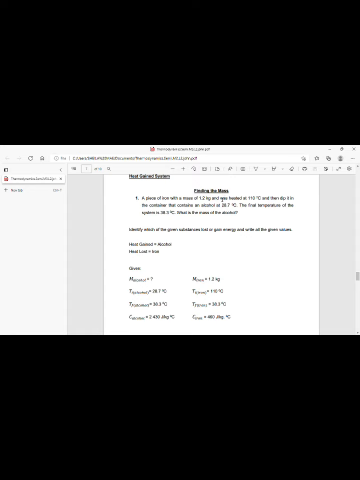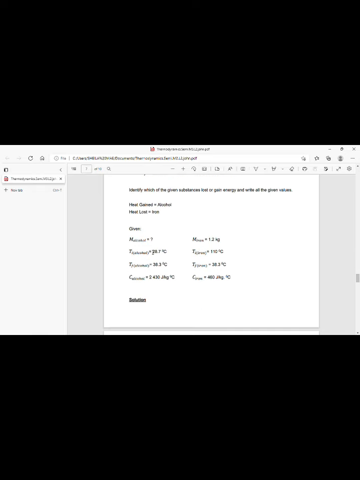So the heat of the iron transfers into the alcohol, so the alcohol will gain heat. The heat loss is equals to iron, because the iron loses its heat, which was transferred to the alcohol.